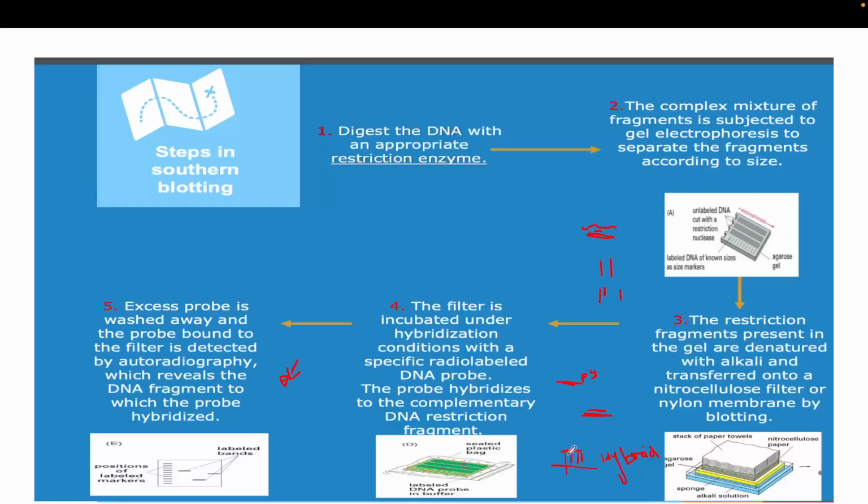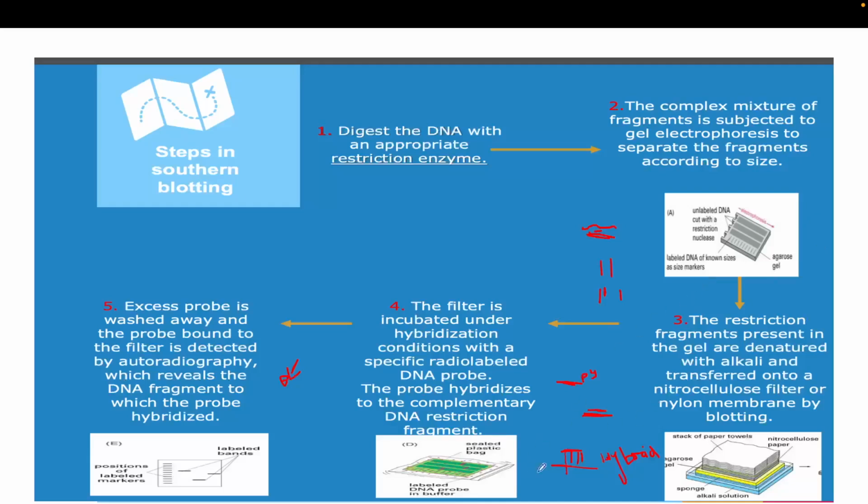And then after transferring, you have to keep this membrane in the hybridization solution where the probe is present. This probe will go and bind to the complementary sequence of the restriction digested DNA.